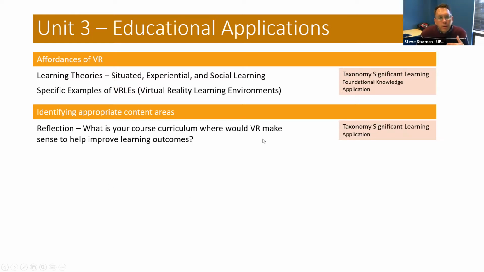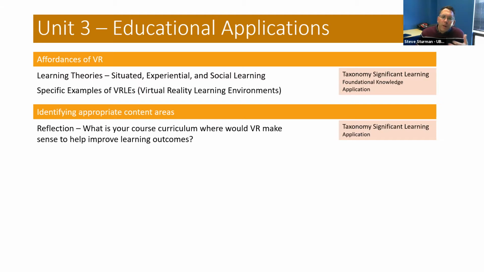And then as they're doing this, we go back to the materials they covered in Unit 1 to talk about the specific learning examples that they saw there, how they might build upon those for their classes.